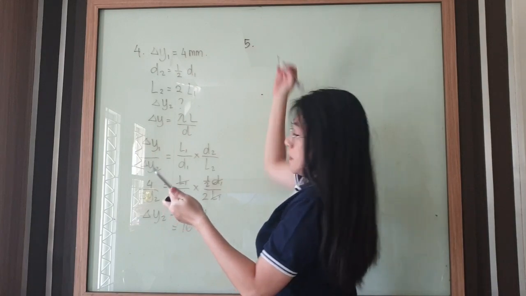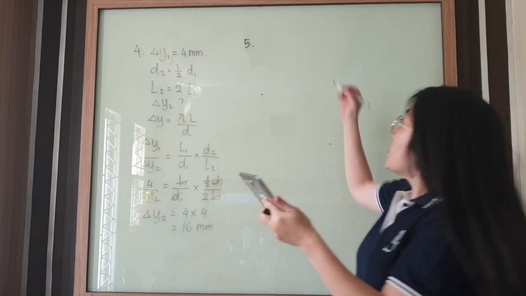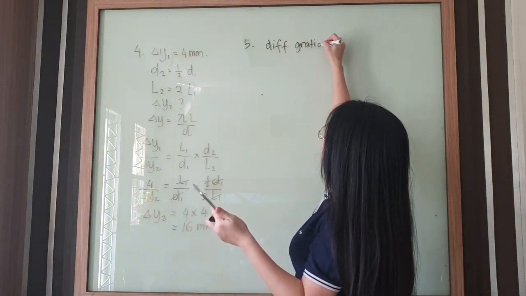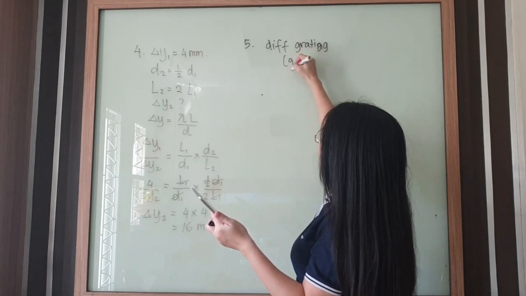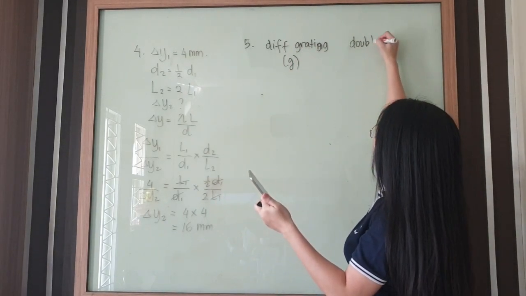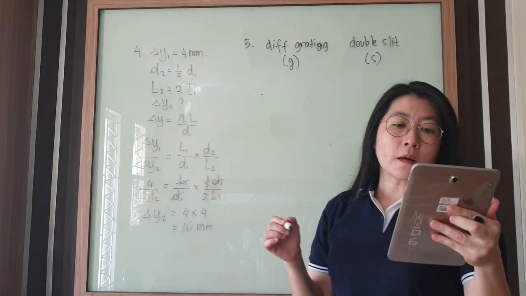Number 5, the interference patterns from a diffraction grating. Diffraction grating, let's call this G, and a double slit, let's call this S, are compared.